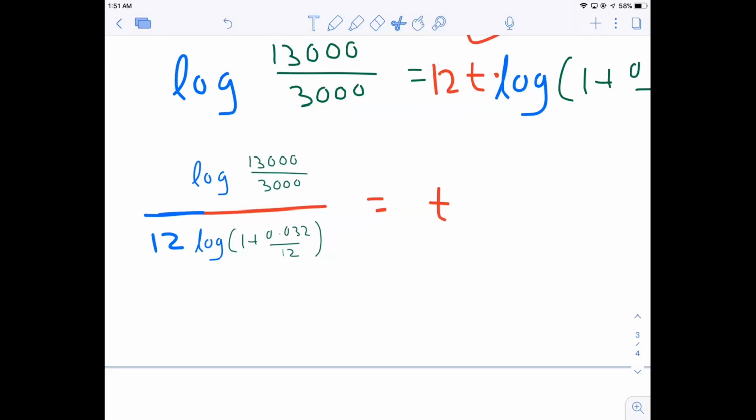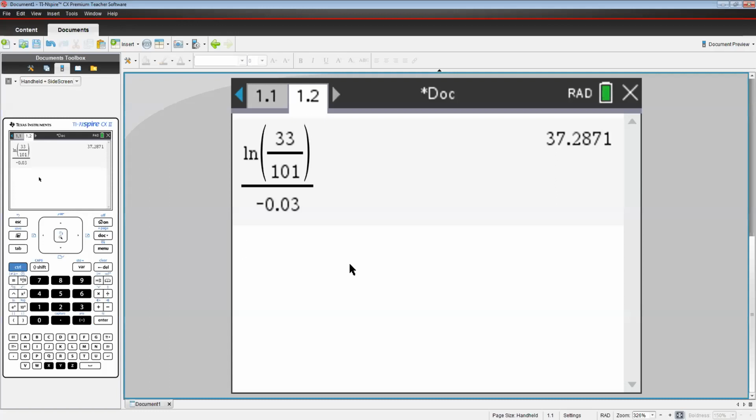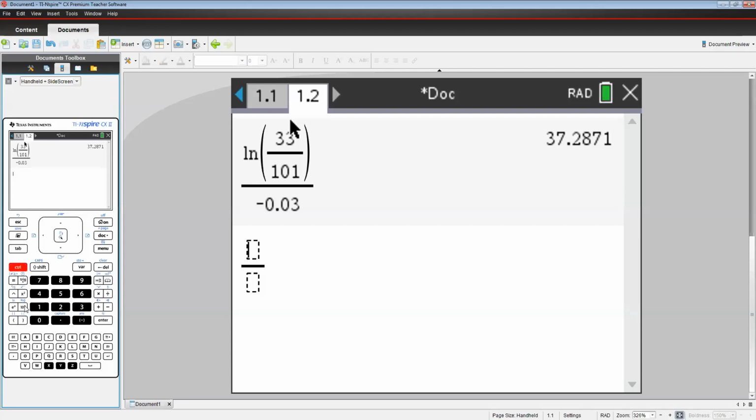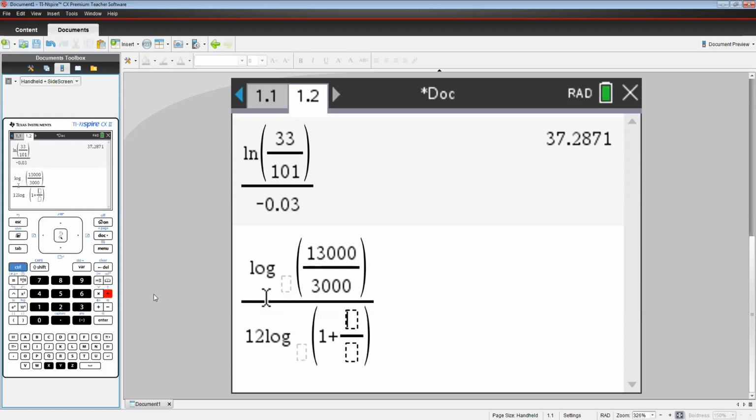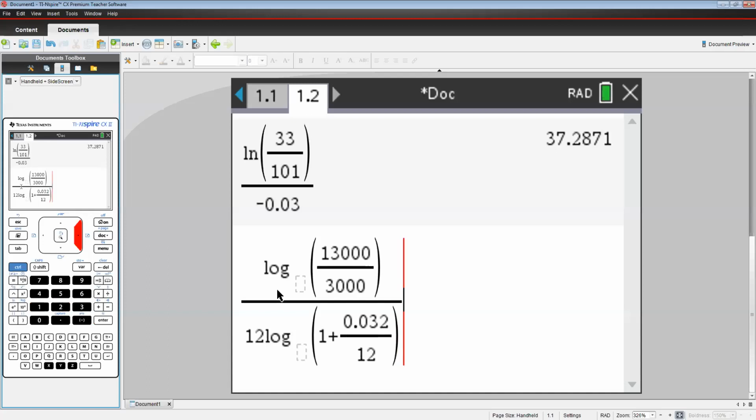So let me switch screens again to the calculator. And let's type in. Well, first I got a fraction, so control divide. Here's my log button. I don't need to type in the base because I know it's the common log. But that's going to be 13,000 over 3,000 divided by 12 times control log of 1 plus 0.032 divided by 12.